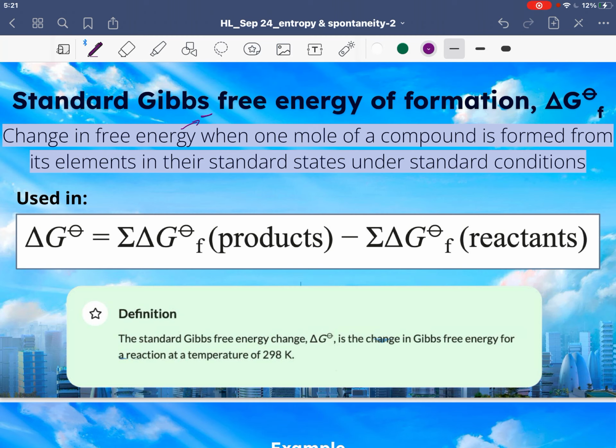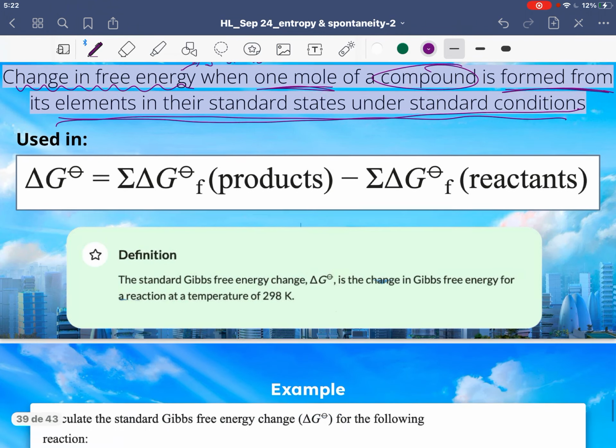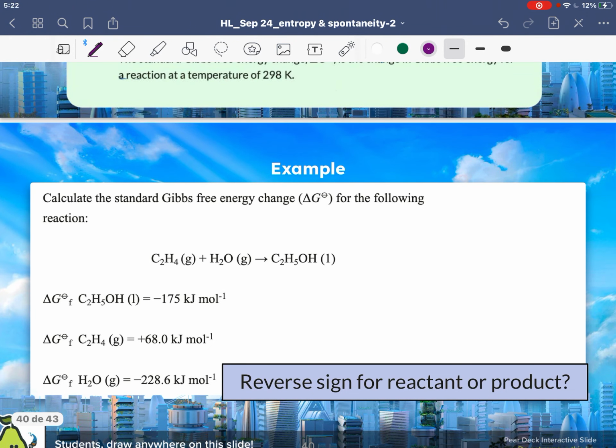Well, if I have energy, my unit should be joules or kilojoules. The standard Gibbs free energy of formation is the change in free energy when 1 mole of a compound is formed from its elements in their standard states under standard conditions. So kind of like enthalpy of formation, but this time we're worried about change in free energy, not change in enthalpy. So again, you can use this to find the Gibbs free energy for an entire equation.